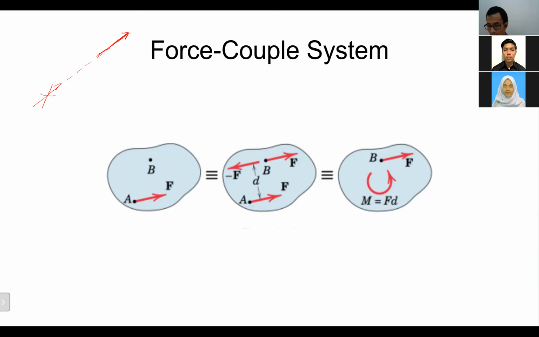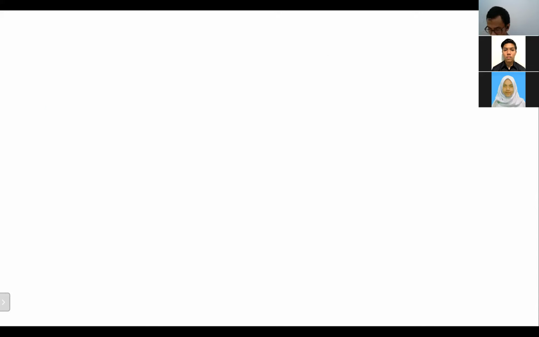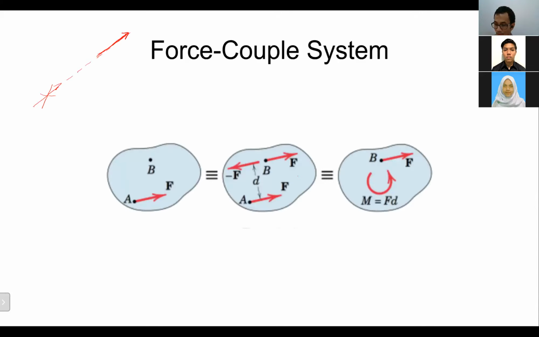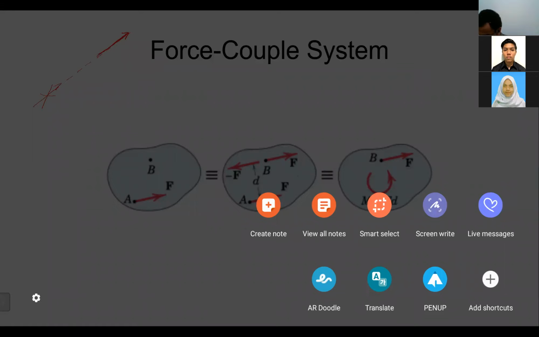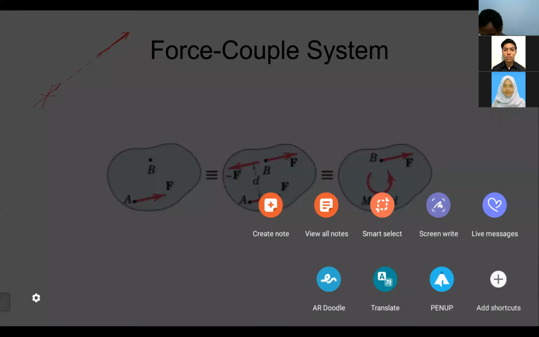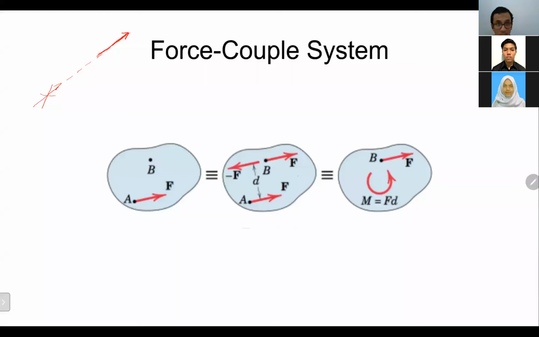But the thing that I want to discuss today is if I want to move one force from one line of action to another line of action.